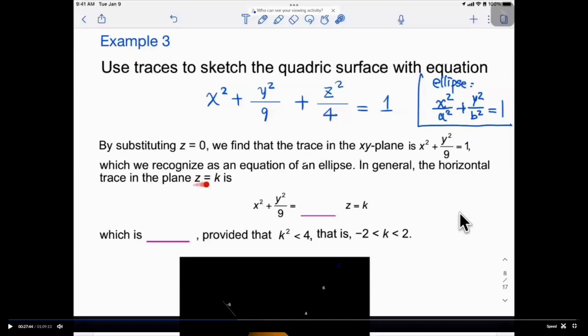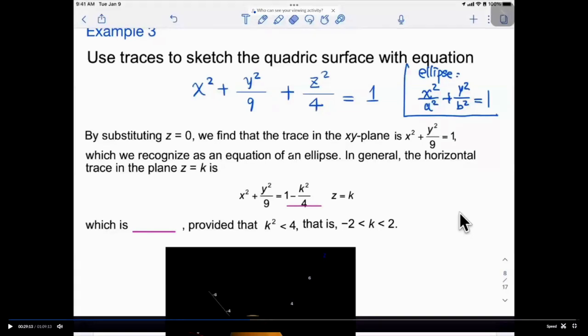Then you can isolate this, right? So x squared plus y squared over 9 equals 1 minus k squared over 4, right? So if you substitute different k, you get an equation like this.